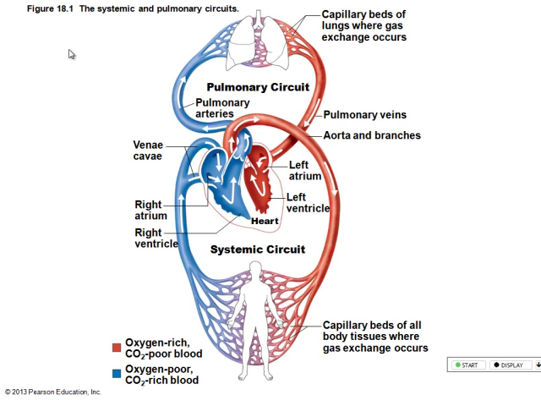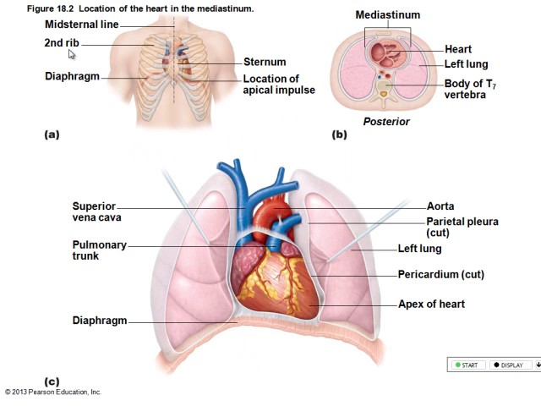So, first of all, how big is your heart? Go like this. It's about that big. And where does it sit? In the mediastinum. You remember where the mediastinum is, don't you? Between what? Between the lungs. So the mediastinum is hanging out in the middle of what major body cavity?